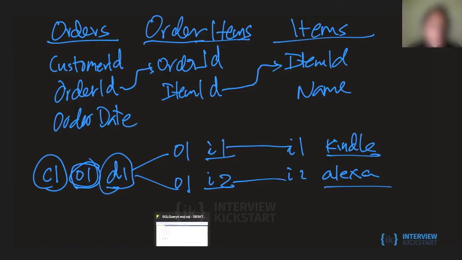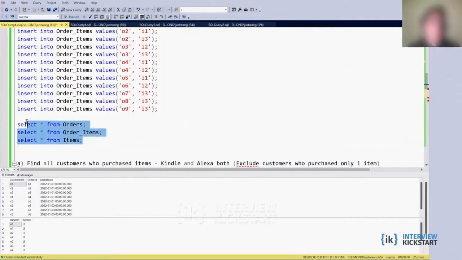Now let's go to the coding part. I created a toy example with some simple data, but even for a larger data set, the query should remain the same. Here, customer one has order one and order two on this day, and customer three has one order, etc. Customer five also placed order number 5 here, and customer 5 comes back on the second day and places another order, which is order 6.